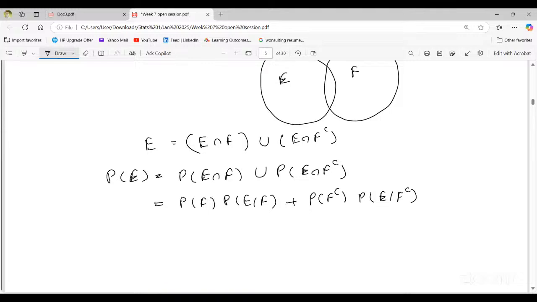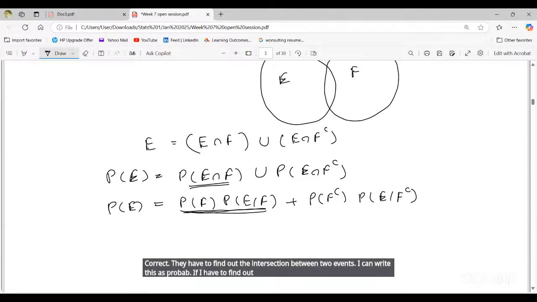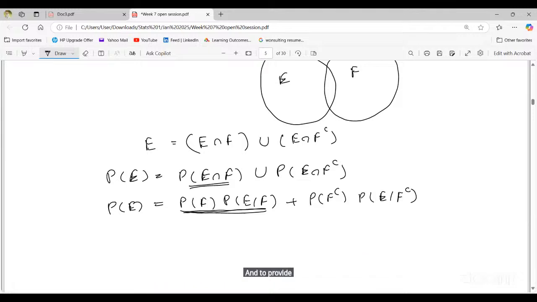Can I write this? Yes, ma'am. This is basically my multiplication rule. If I have to find the intersection between two events, P of E intersection F would be equal to probability of F into probability of E given F.